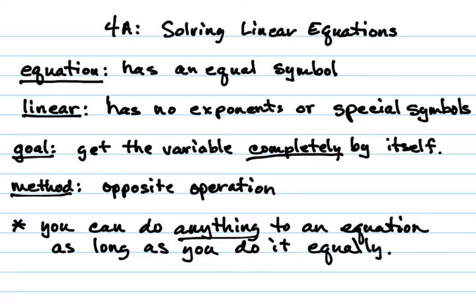So in other words, you could divide by 4 as long as you divide everything by 4. You could add a 6 to one side as long as you add a 6 to the other. You could multiply by negative 23 as long as you multiply that times every single term. So you could literally do anything you need to an equation as long as you do it to every term.